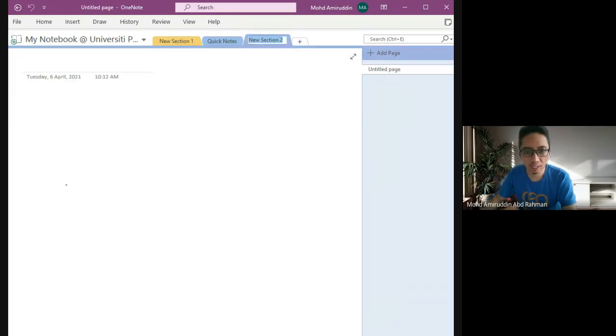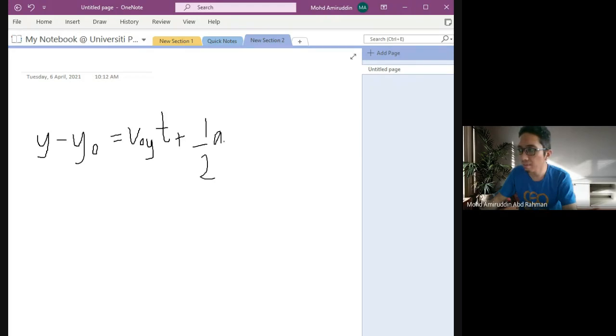To find out what the height is, you use the similar equation like before. So we have y minus y naught equals v naught y t plus half a y t squared.